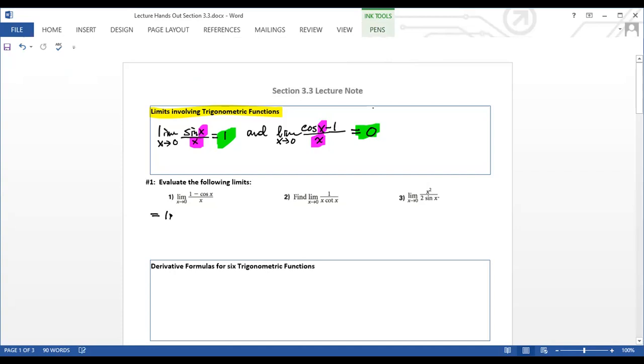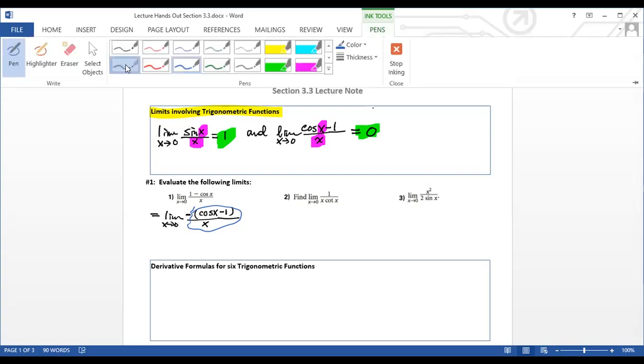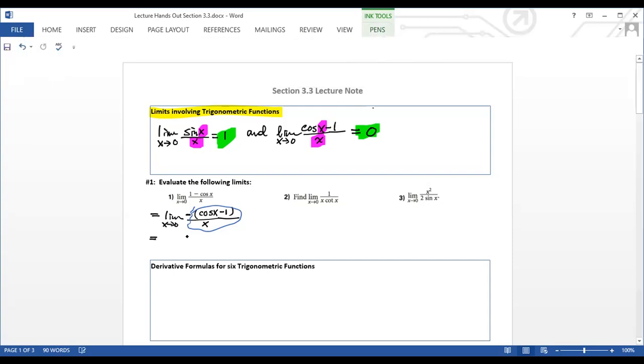I can rewrite this: if you reverse these two, you take the negative sign out, and you get the limit of cosine x minus 1 over x. By the formula, the limit of cosine x minus 1 over x is 0, so the whole thing is 0, because based on my formulas this limit is 0.